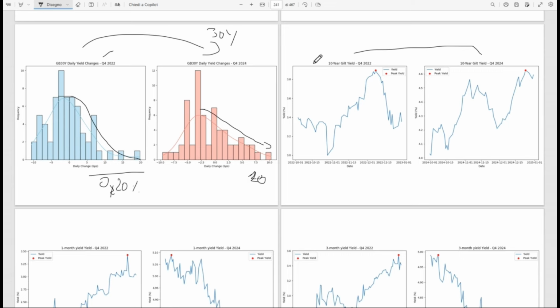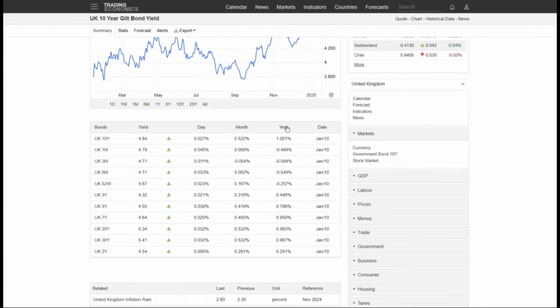The peak yield of the 10-year gilt was nearly 4% in 2022, and it started from 3.4 in September, October, and went down to 3 and went up to 4. Now, in October 2024, we start from 4 and we are at 4.8. Yeah, and now it's at 4.55 or somewhere around that value.